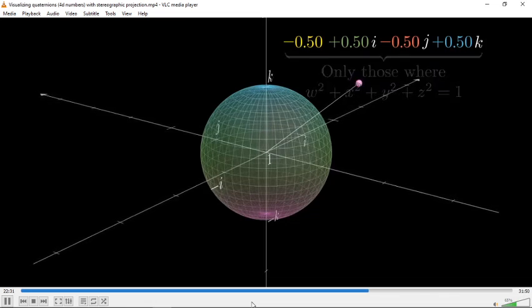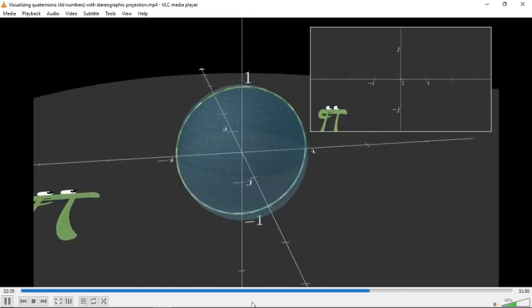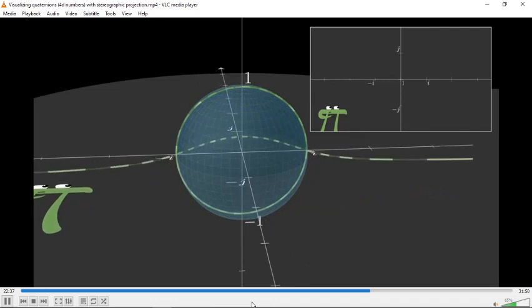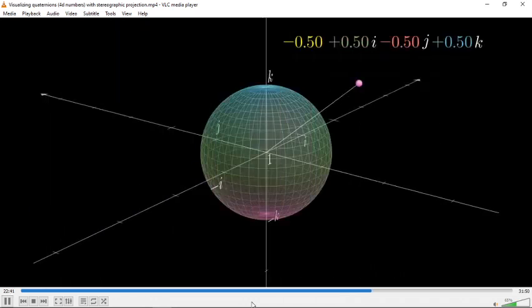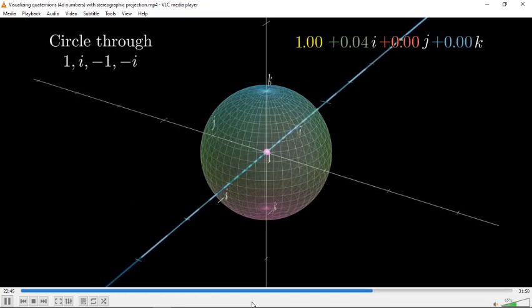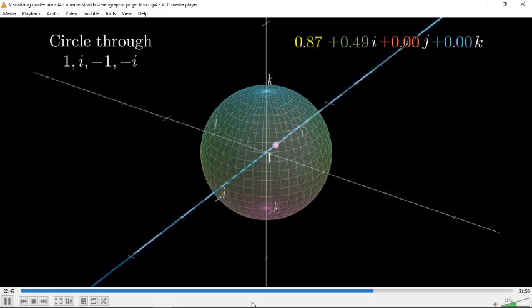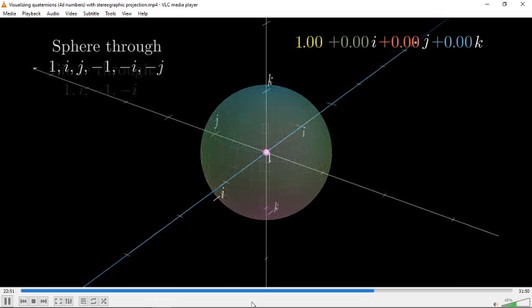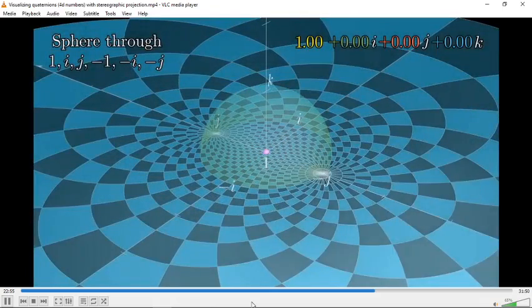In the same way that for Felix, the circle passing through 1, I, -1, and -I got projected into a line through the origin, when we see this line through the origin passing through I and -I, we should understand that it really represents a circle. Likewise, up on the hypersphere, invisible to us, there is a unit sphere passing through 1, I, j, -1, -I, and -j.